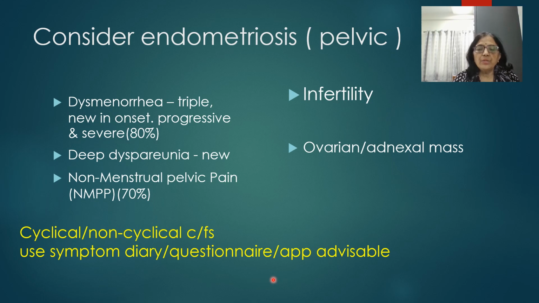The 2022 guideline says that if you ask the patient to keep a symptom diary, or you use a questionnaire, or an app, then the possibility of diagnosis of endometriosis increases. There is a possibility that it might increase.